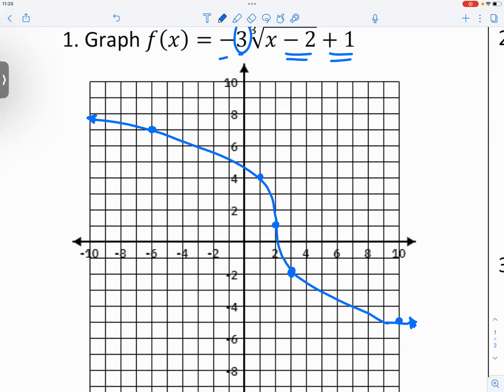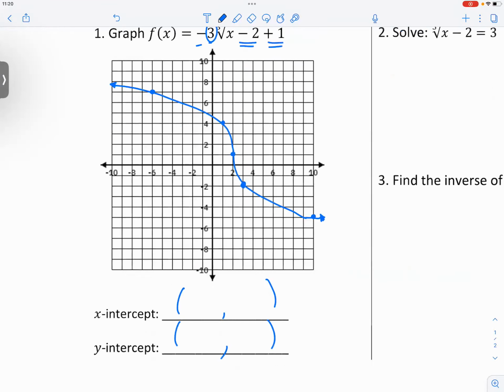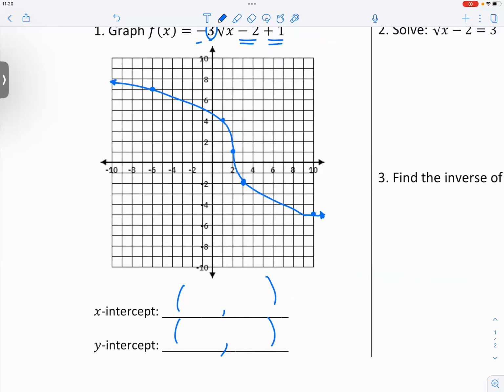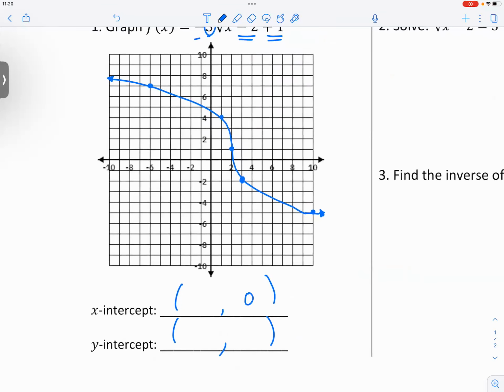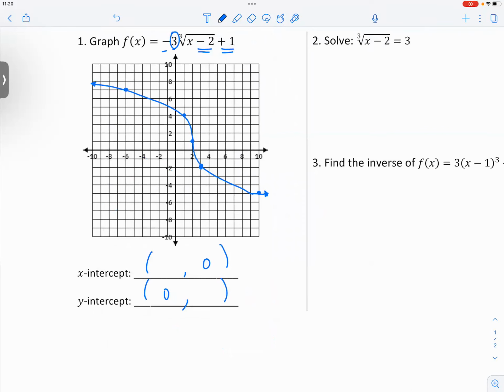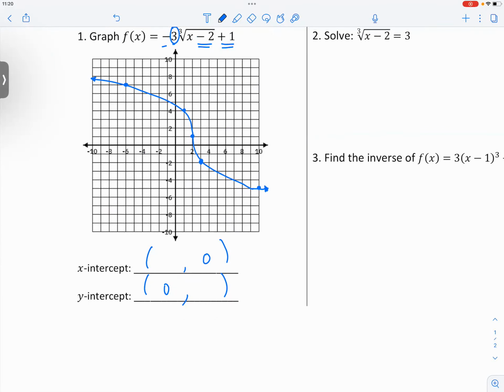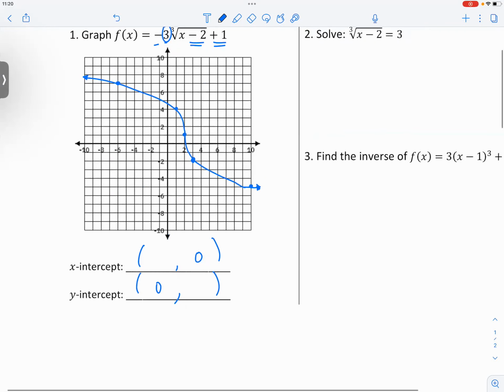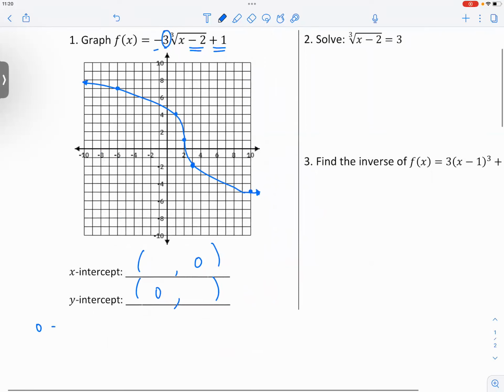So we have no idea what number it is for the x and y-intercept, but we do know that for the x-intercept, y is equal to 0. For the y-intercept, x is equal to 0, meaning that we can actually go ahead and find them out. So let's start with the x-intercept first. The x-intercept is when 0 goes to the y. So let's go ahead and do that.